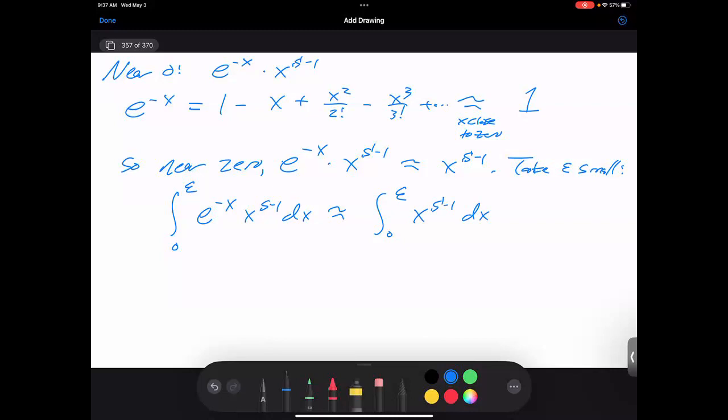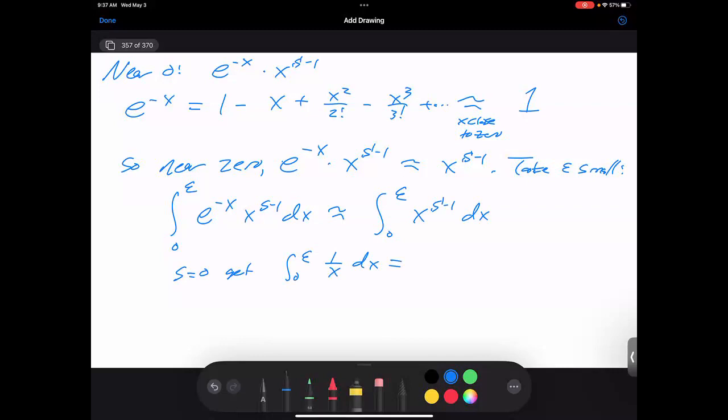When is that going to be integrable? Well, my problem is if s minus 1 is a negative number, it blows up. If s equals 0, we get the integral from 0 to epsilon of 1 over x dx.